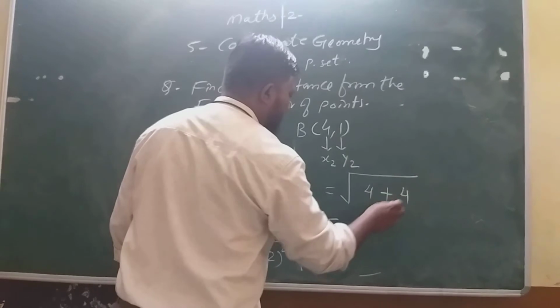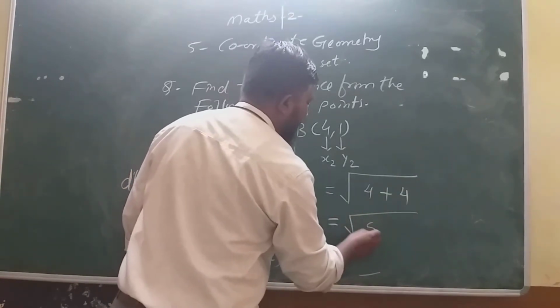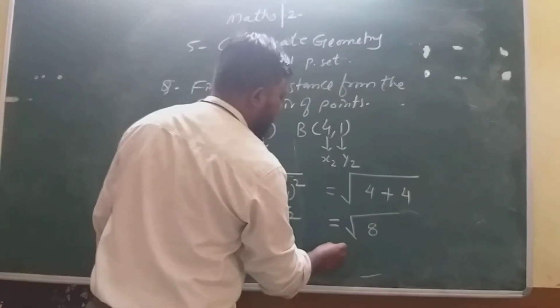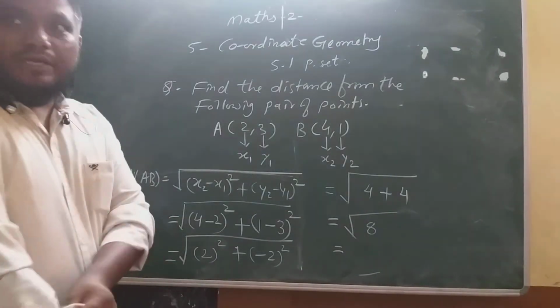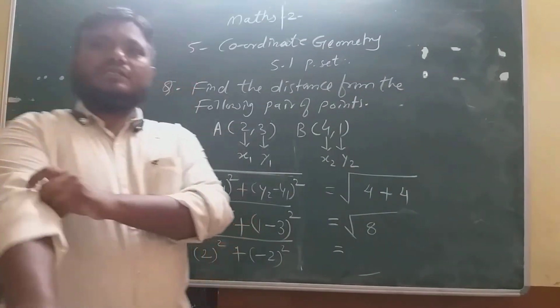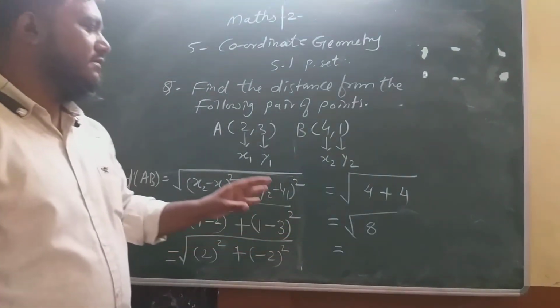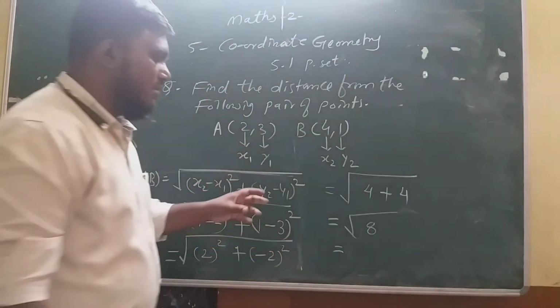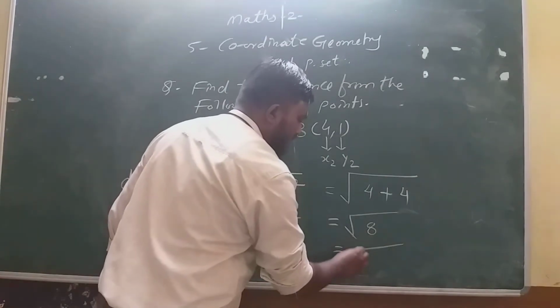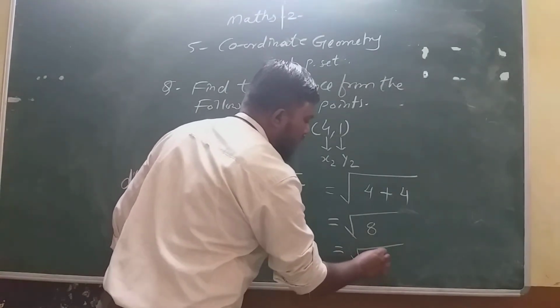That's why 4 plus 4 becomes 8. Under root 8 is the answer. But if the answer which is coming inside the under root sign, we have to make such factors from this. Now factors of 8 is like this: 4 into 2.